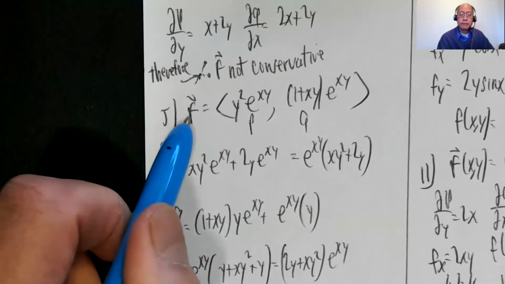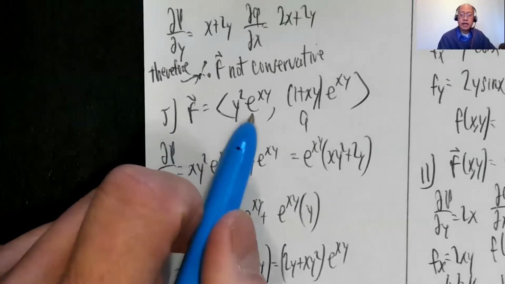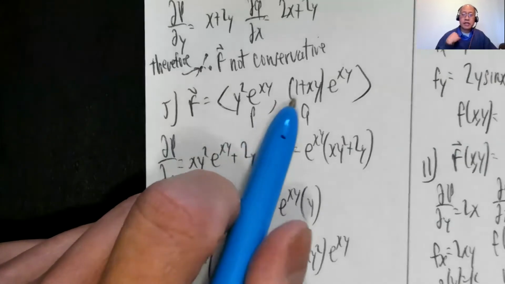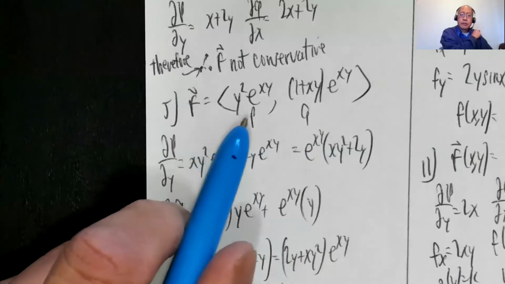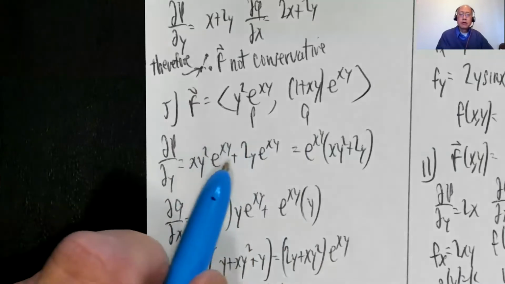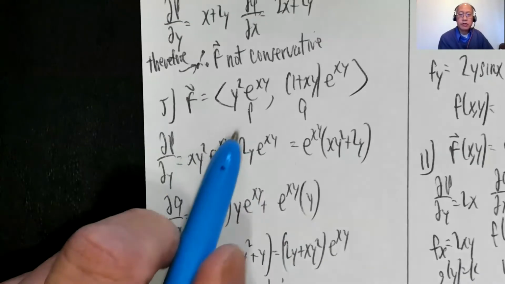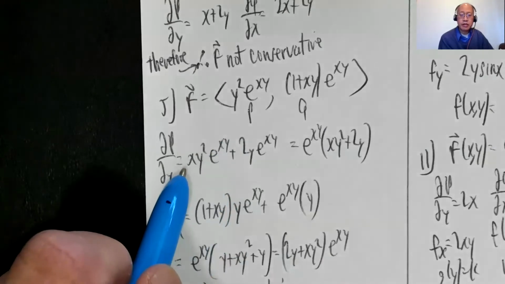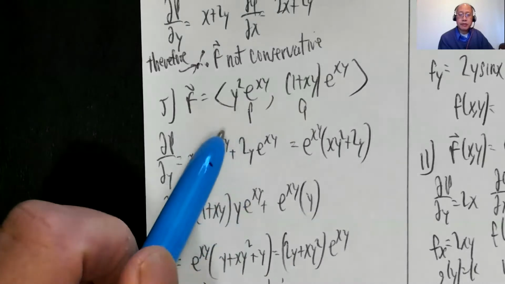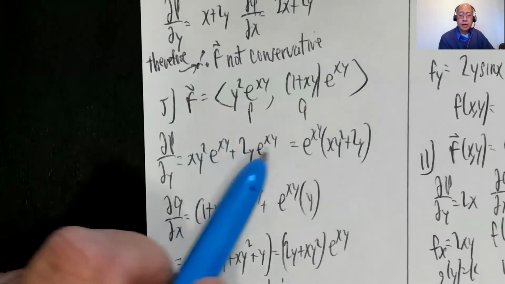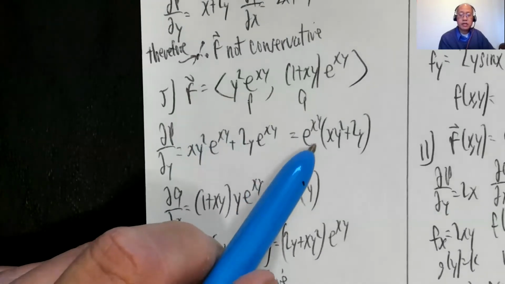Okay, so F, number 5, y squared e to the xy i + (1 + xy) e to the xy j. So the partial of P with respect to y, product rule. First times the derivative of the second, y squared times e to the xy times an extra x, plus second times the derivative of the first, e to the xy, 2y. Factor out the e to the xy: (xy squared + 2y).